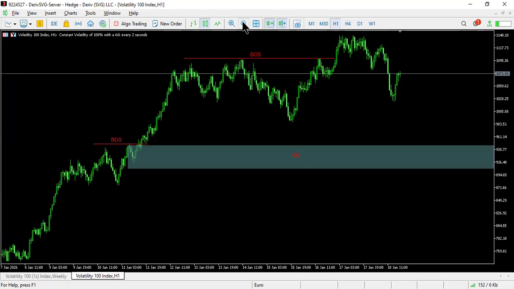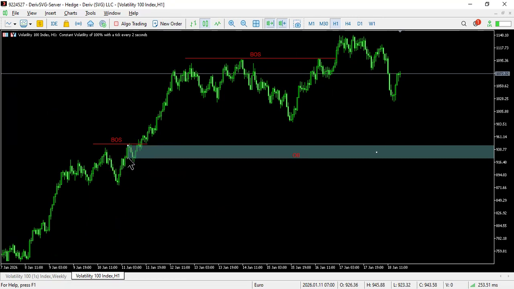And then heading over to the 1 hour time frame, which is my entry time frame. So our order block, adjusting it to the 1 hour order block, it becomes that.